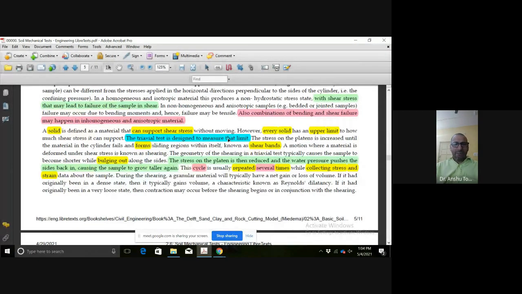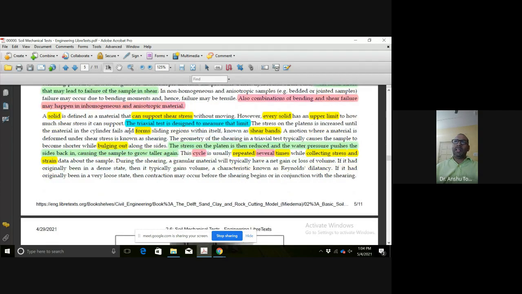From the triaxial test, we have three stresses: sigma 1 is not equal to sigma 2 is not equal to sigma 3. So what is going to be the minimum and maximum limit of stress that can be induced against this particular specimen for that specimen to fail in shear? That is the purpose of the triaxial test.